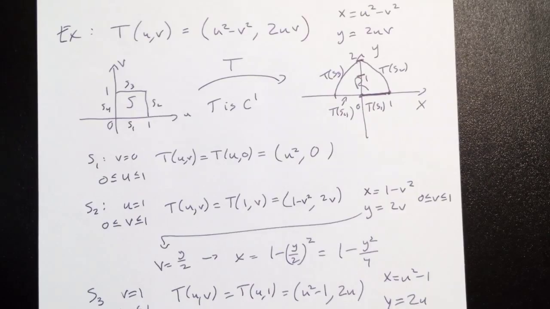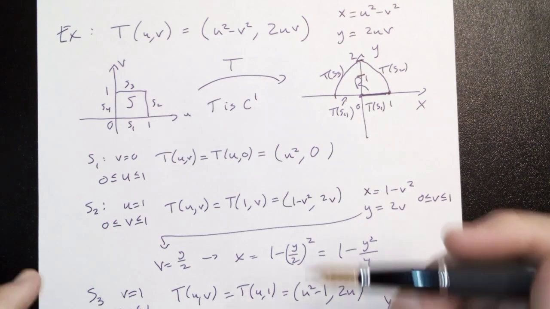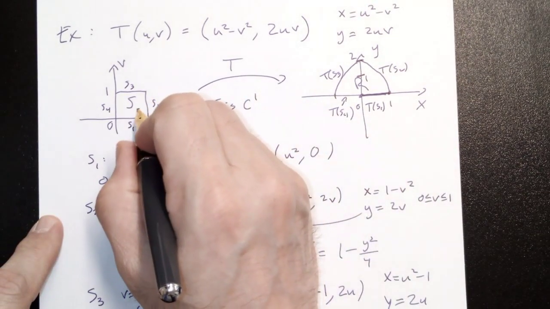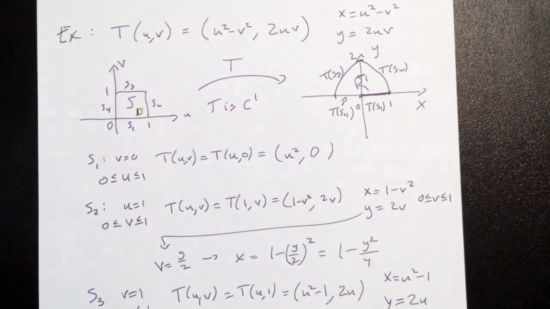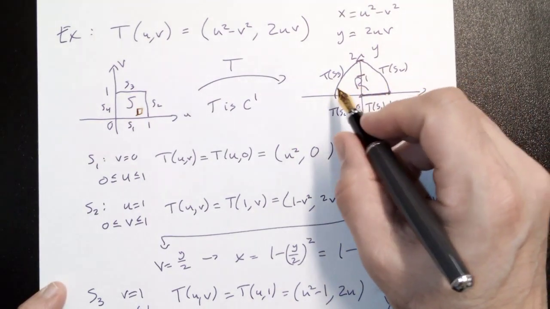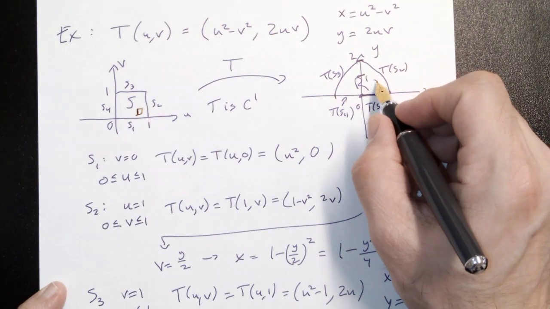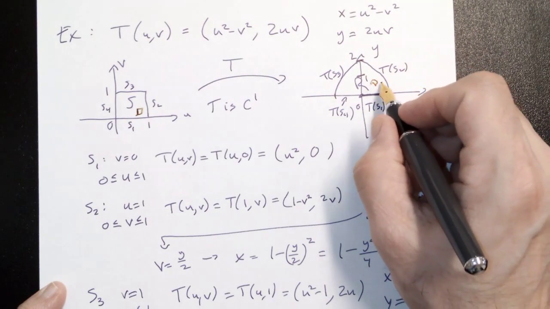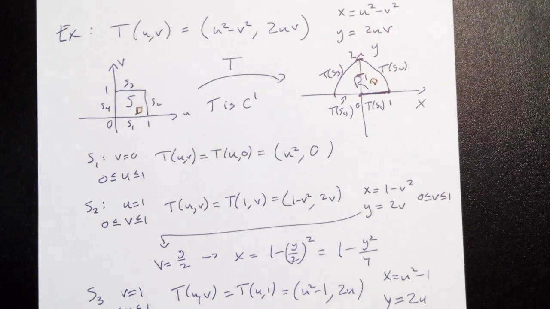Somewhere over here, if I think of a little bitty box with du and dv, somewhere over here, there's an image of that little bitty box. But it's not a box anymore because our boxes became curved, right?